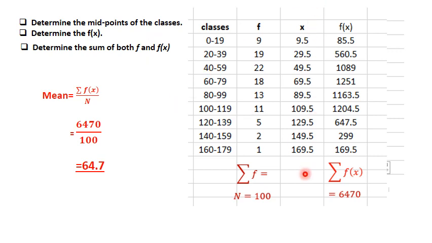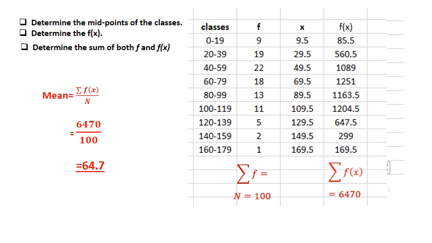That's the x column, where x means midpoints, which is like an average of the classes, and fx, which is f times the midpoint. To operate the question, you just find the sum of f, that is, add the frequencies given there, and you also add the fx, and dividing the figure you get here by the figure you get here gives you the mean.